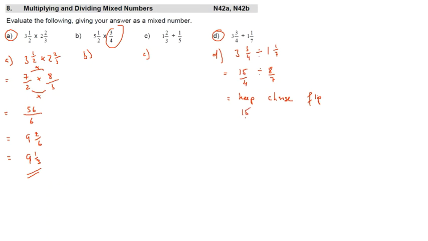Keep the first fraction, change divide to a times, and flip the second one upside down. So 15 times 7 is 105, and 4 times 8 is 32. You count in 32s, you'll see that this is 3 remainder 9. So it's 3 remainder 9/32.